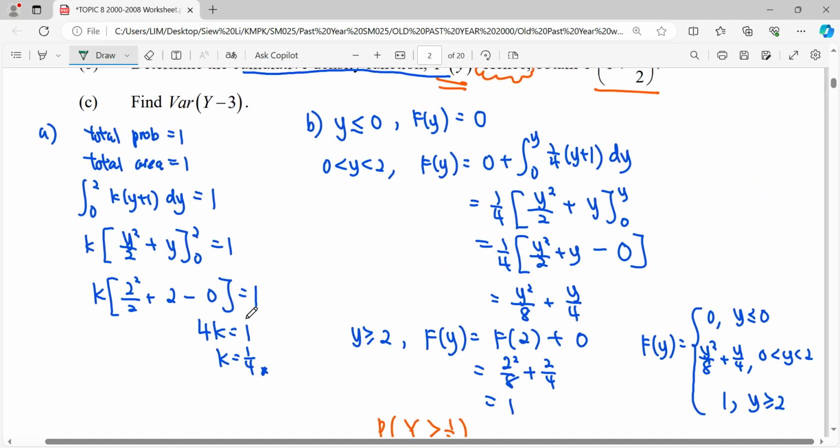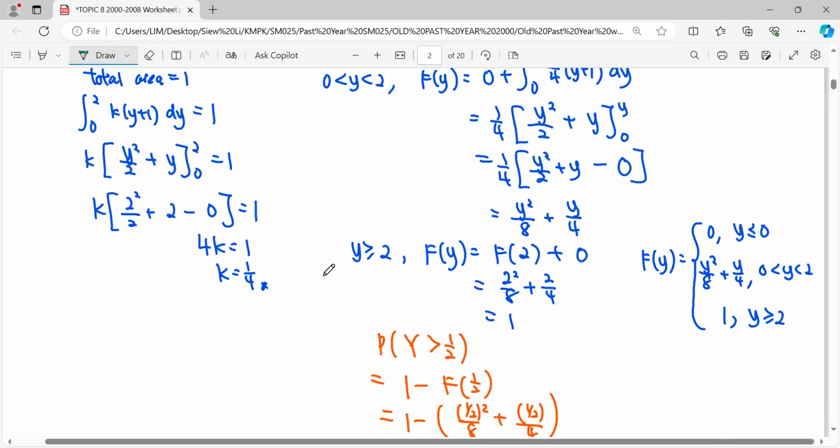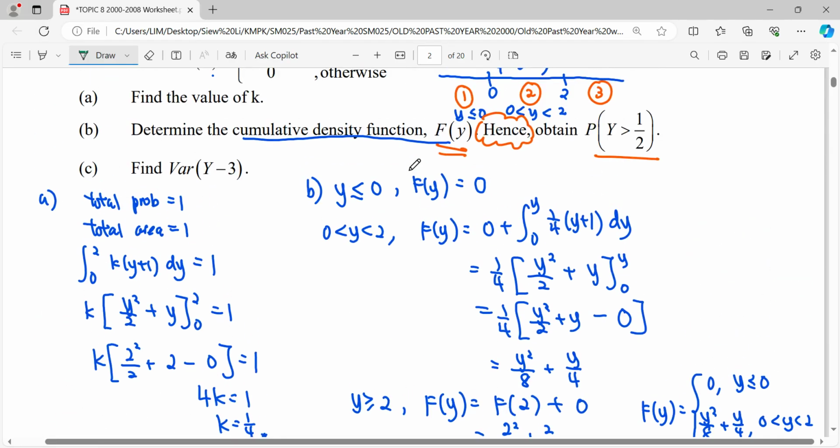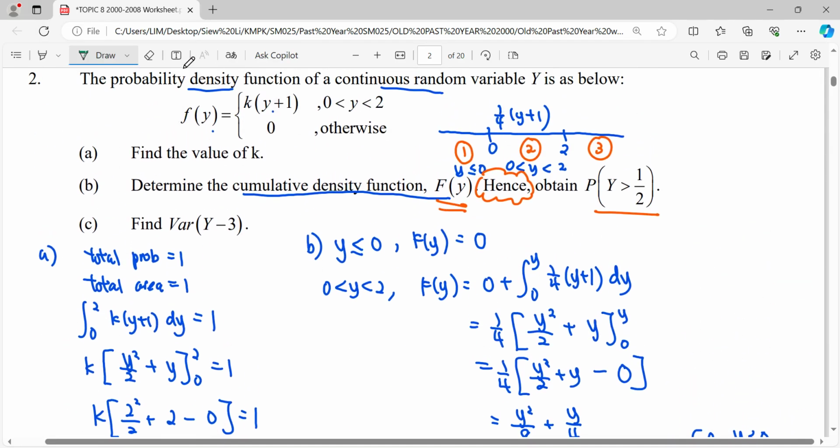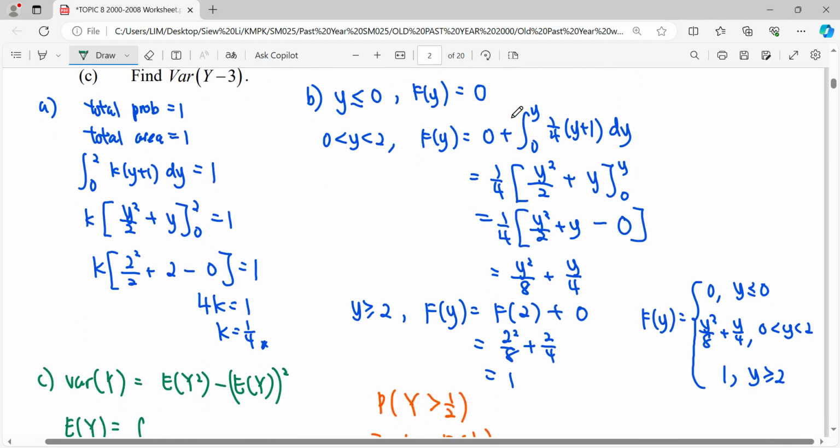Okay, then for question C, finding variance. To find the variance of y, you need the formula E(y squared) minus E(y) all squared. Finding E(y) means we're going to integrate using the probability density function, using the small f function here. So integrate 0 until 2 of y times the function.